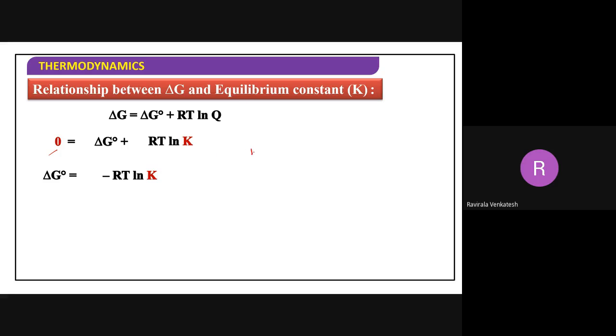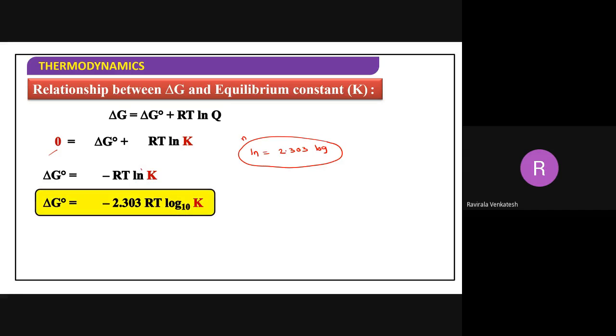Now what is ln? Ln, I told you, is 2.303 into log. Ln is the natural log, and natural log is always equal to 2.303 into log. Substitute that here in the place of ln: 2.303 log 10, that means log with respect to base 10.